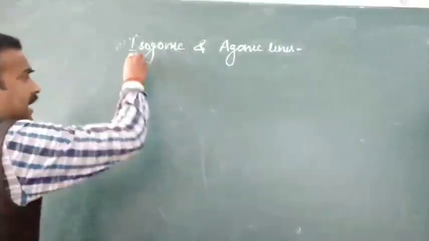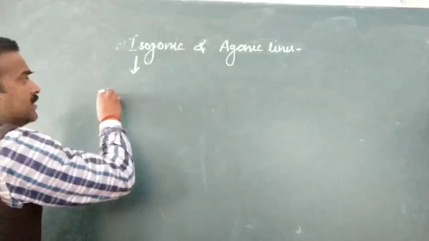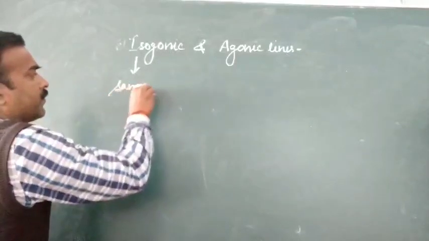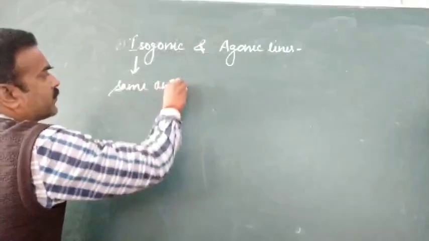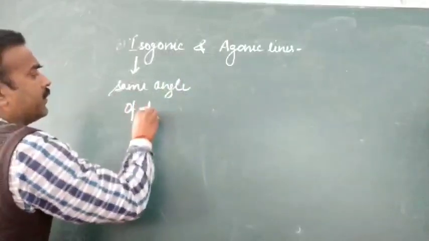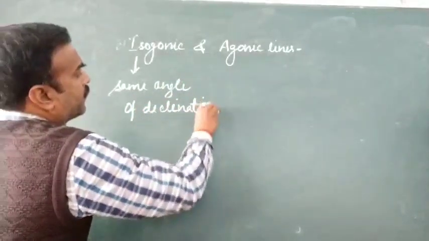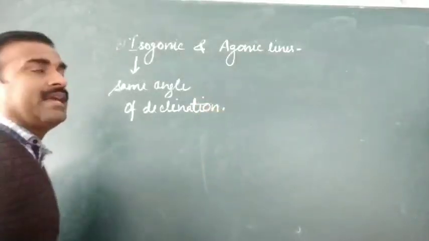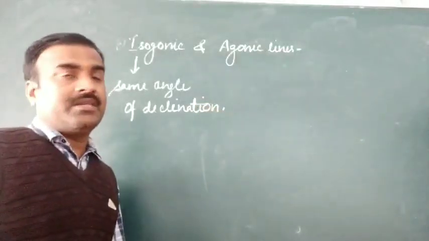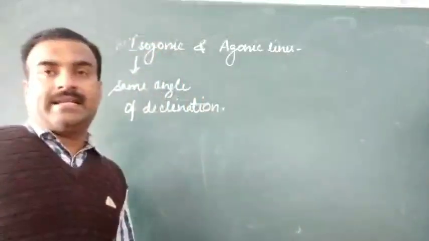A line having the same angle of declination is known as what? Isogonic line.